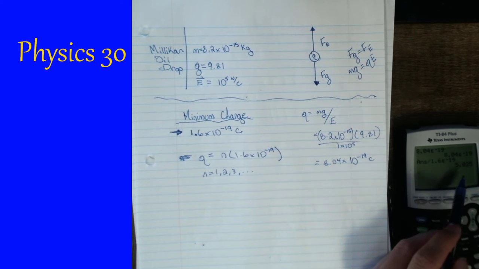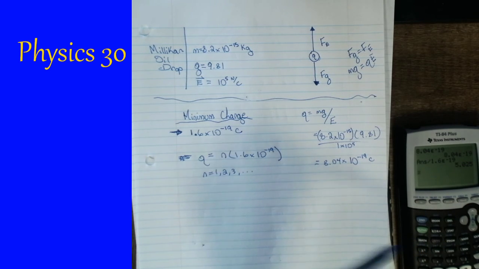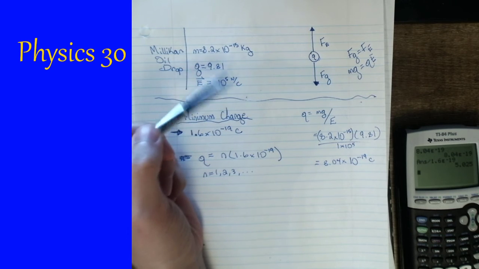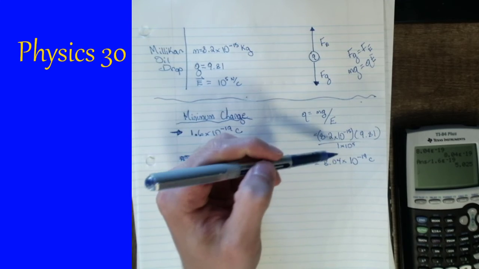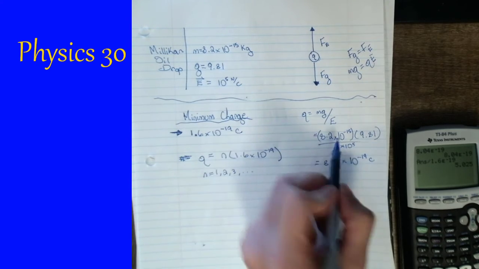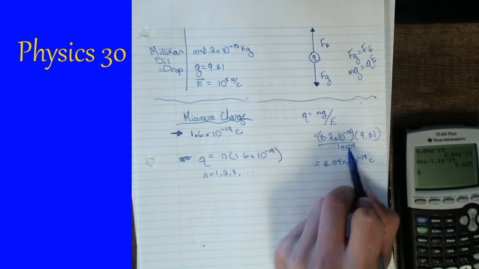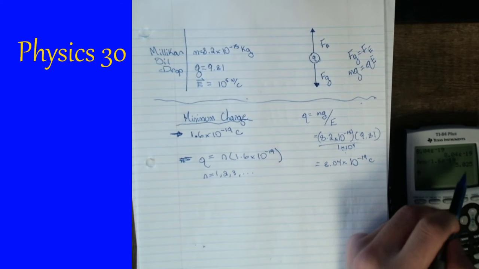You may say, well, it doesn't equal exactly 5, and you're kind of right, but as experiments go, we're trying to minimize the error. We're trying to use the best values that we have, and how certain are you that this is the exact mass and that this is the exact strength of the field? So within error, you're getting a quantity of 5.